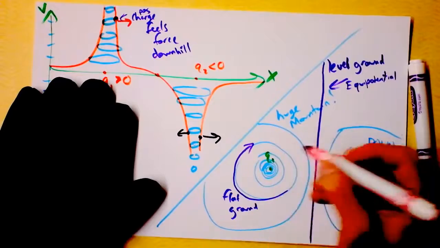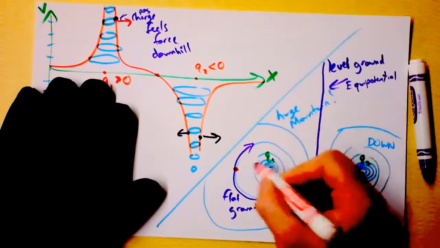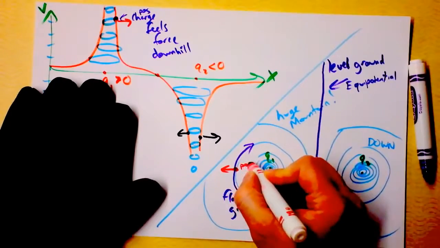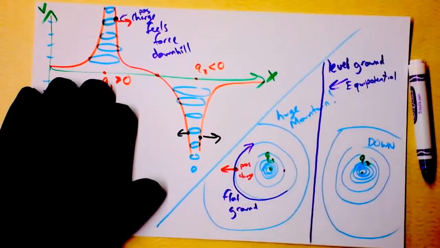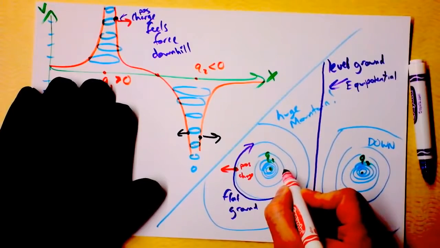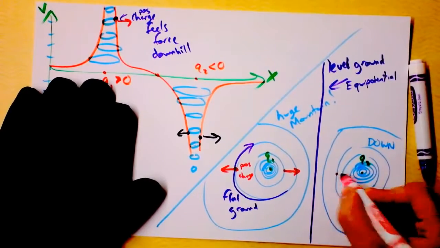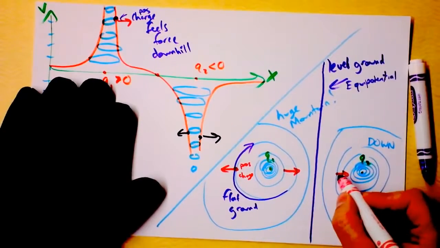If I put a positive charge right here, it wants to go downhill, and this is a huge mountain, so the positive charge will feel a force that direction. And if there's a positive charge right here, it wants to go down the mountain also, and down the mountain is this direction for that positive charge. If I put a positive charge right here, it would feel a force exactly that direction. That's the direction right down the hole.